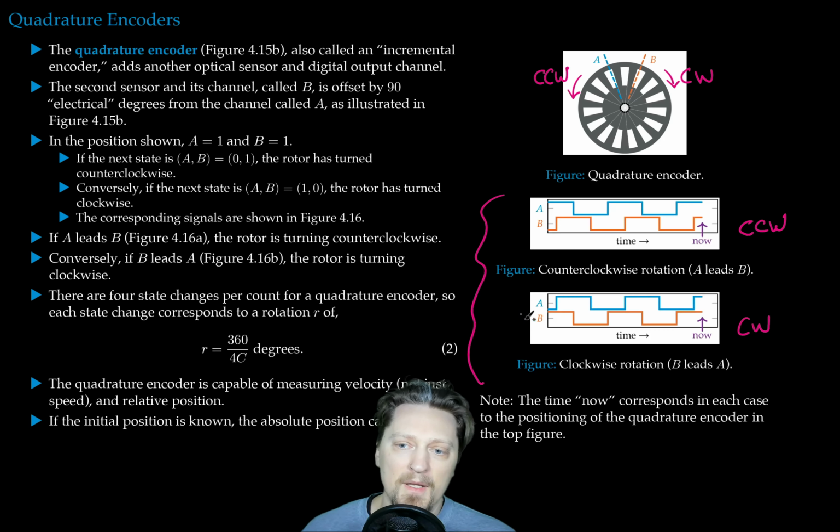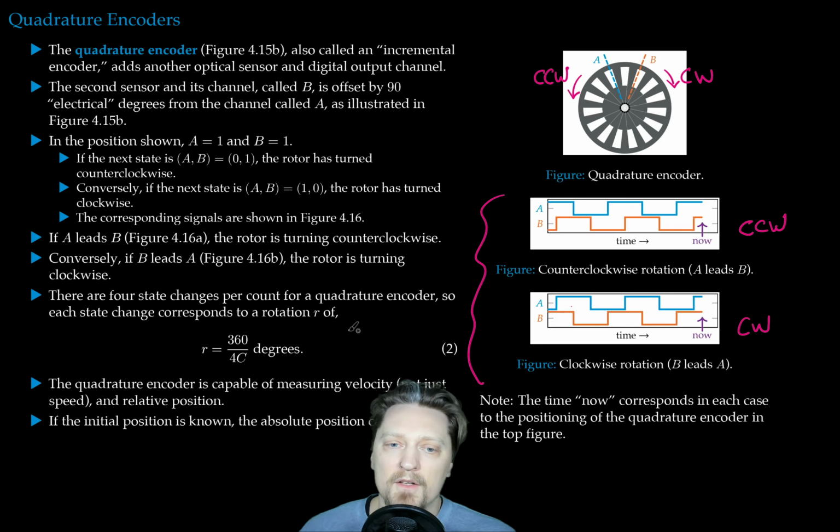Conversely, if B leads A, meaning when B goes up, A goes up 90 degrees later, and when B goes down, A goes down 90 degrees later. So we can deduce, based on which signal is leading, which direction the rotor is turning.